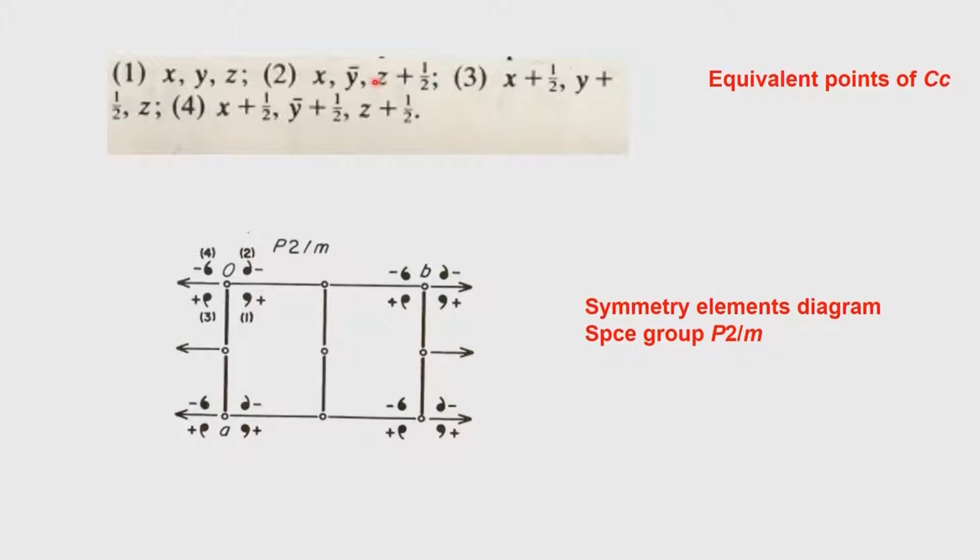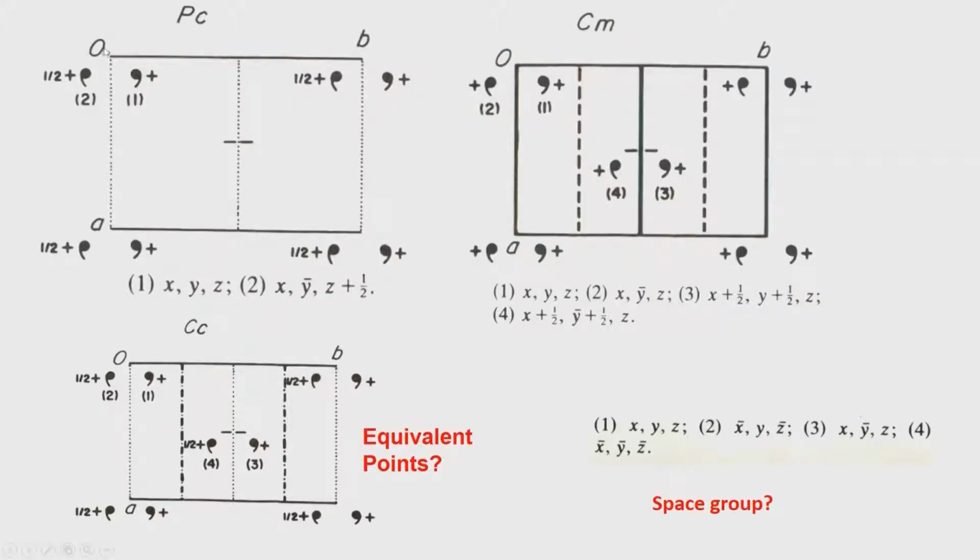We now operate on the C glide the C centering operation. So, this goes to x plus half, y bar plus half, and z plus half. So, these are the 4 equivalent points. So, the take home lesson here is that given this diagram, in principle we should be able to write the equivalent points.